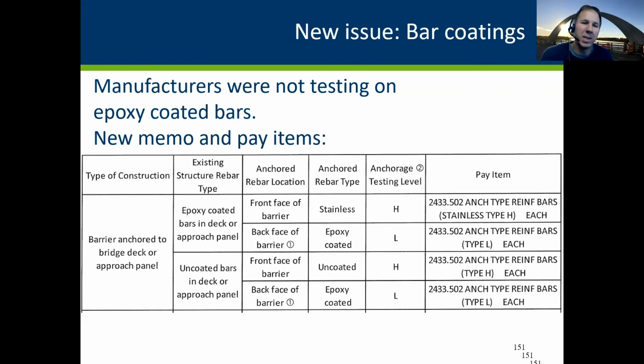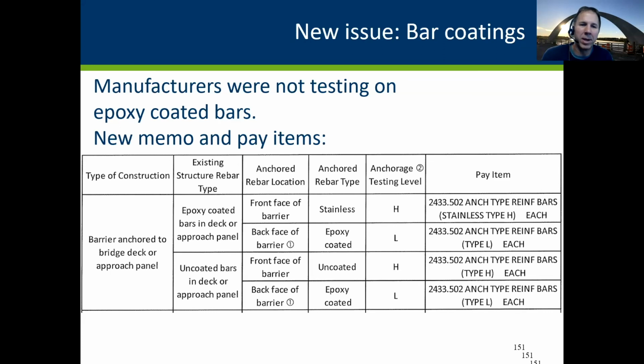So we have changed up the way we pay for anchored reinforcement. And so you'll have all these pay items now, and we don't allow coated steel where it's going to be in a high demand for tension. So we're using stainless steel bars in the front of the barrier because that is a tension bar when it's going to be a long-term fix.